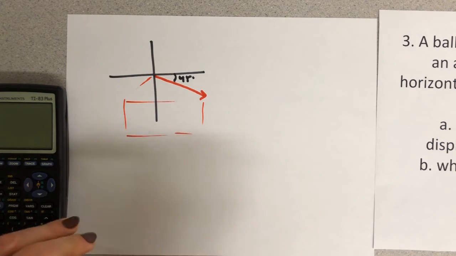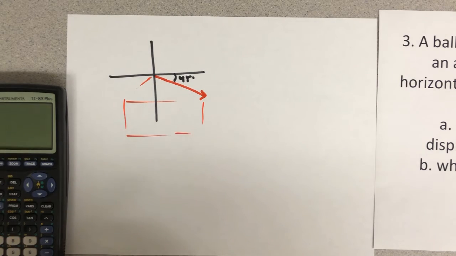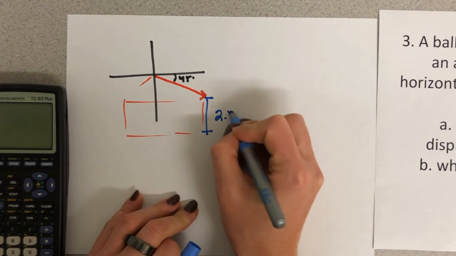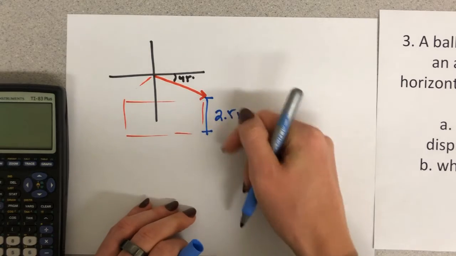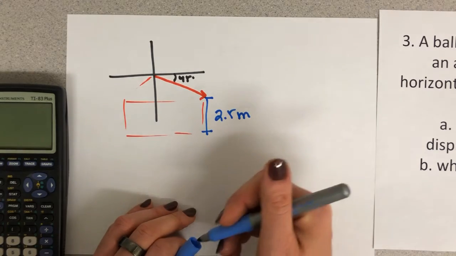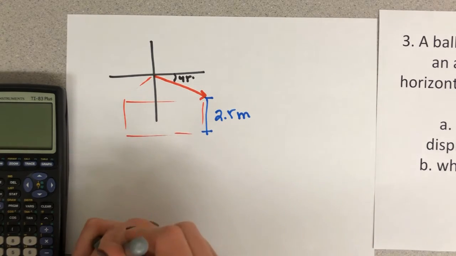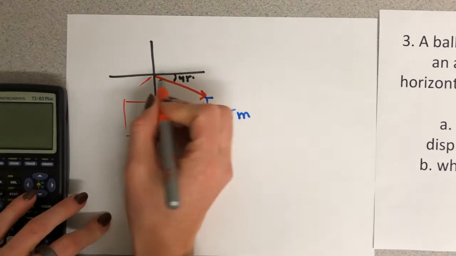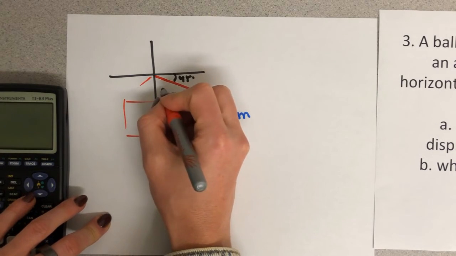That kind of thing. Okay. And then it falls 2.5 meters to the ground. So this is 2.5 meters. Again, this is vertical up and down. And from here to here is 5.3 meters.